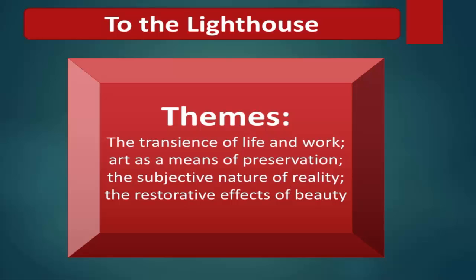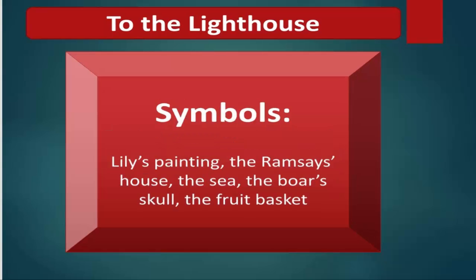Important themes, the transience of life and work, art as a means of preservation, the subjective nature of reality, the restorative effects of beauty. Lastly, the symbols. Lily's painting symbolizes something, the Ramsays' house, the sea, the boar's skull, and the fruit basket.